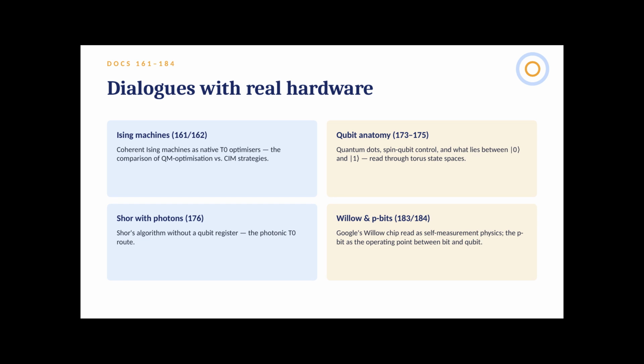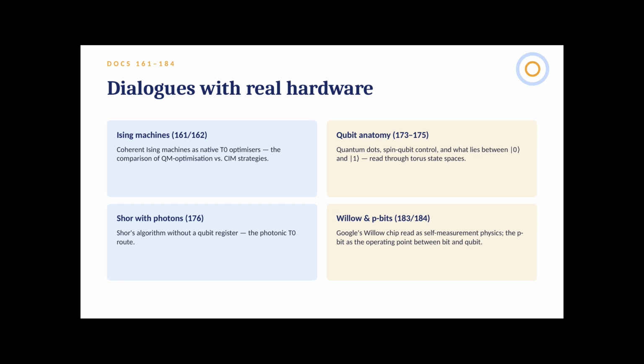3 threads. First, Ising machines, documents 161 and 162. Coherent Ising machines read naturally as native optimizers in the T0 picture, and they lay the quantum mechanical optimization strategy side by side with the coherent Ising machine.